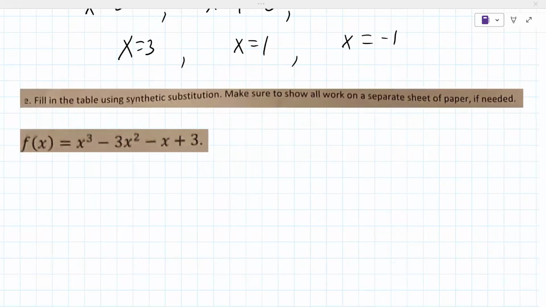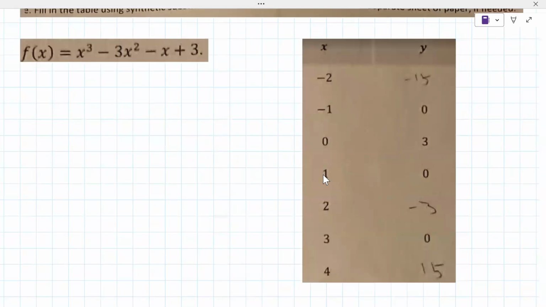The table is missing information. There's an x value that corresponds to each of those.